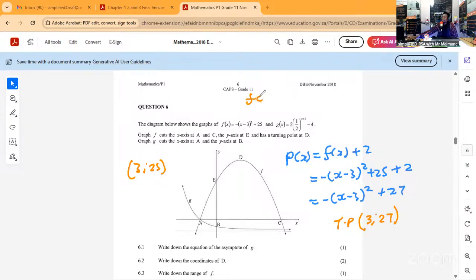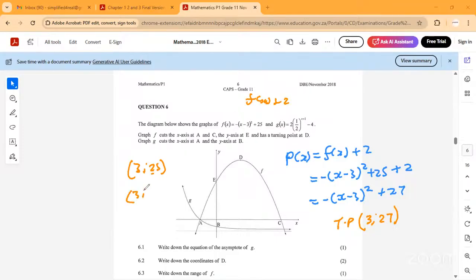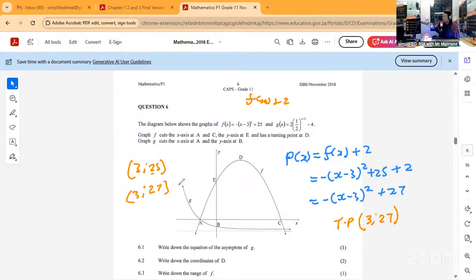If we add f of x plus 2, we know that we are moving f of x 2 units up. And if we increase it 2 units up from 25, we just add 2 units and make it 27. I just felt the need to do it the traditional way mathematics should be done anyway.